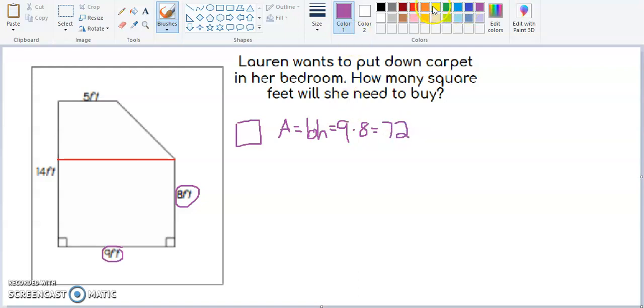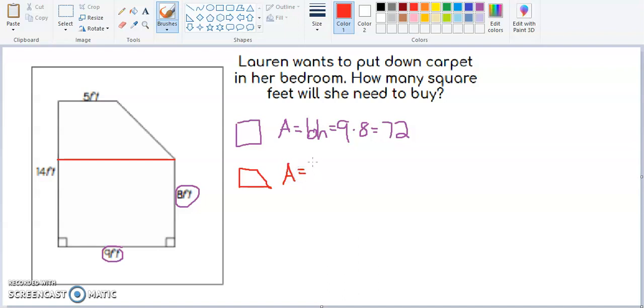Then I'm ready to go ahead and look at this figure up here. To me, it looks to be a trapezoid. I see it's four-sided. It's got two lines that are parallel, okay? And the other two are not. So I'm going to call it a trapezoid. So I'm going to find the area of my trapezoid. I know Khan told you a couple different formulas. I'm going to go ahead and use this formula.